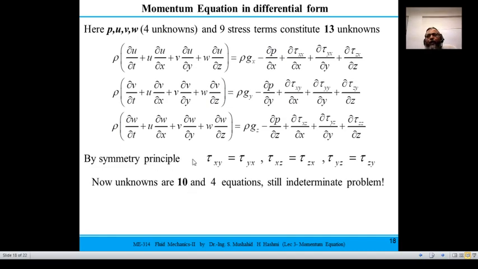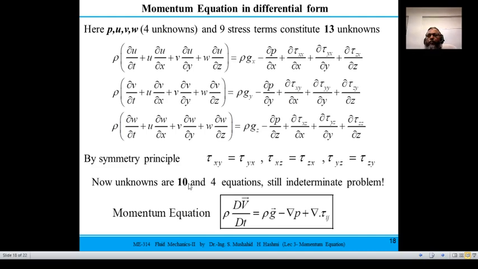By applying the symmetry principle, we have reduced the number of unknowns from 13 to 10. But the problem is still indeterminate, since we have 10 unknowns and only 4 equations to solve.